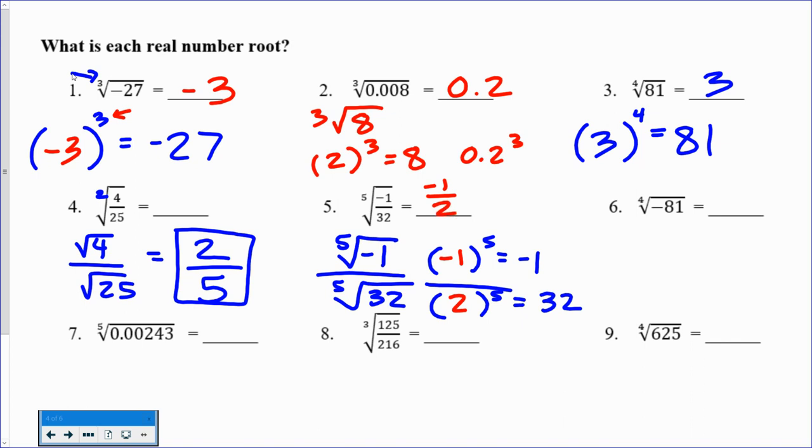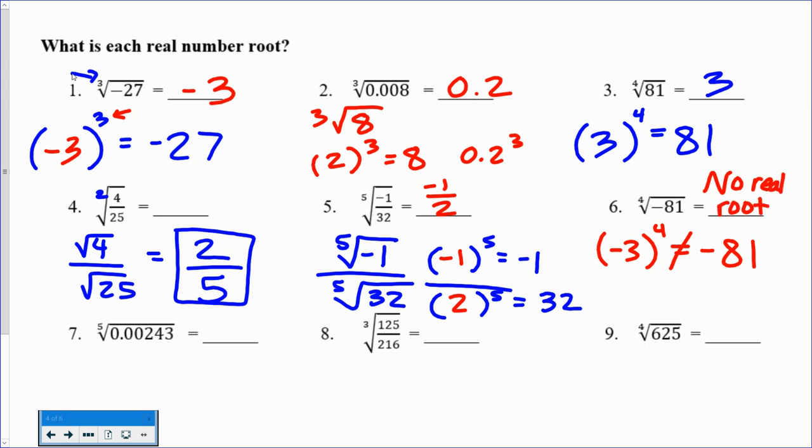Okay, for number 6, I'm looking for what to the fourth power would give me negative 81. Now, negative 3 to the fourth power is not negative 81. That would be positive 81. And positive 3 to the fourth power is positive 81. So there is no real root.